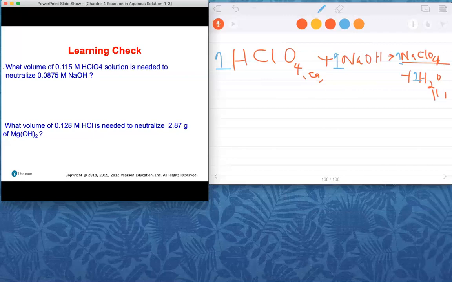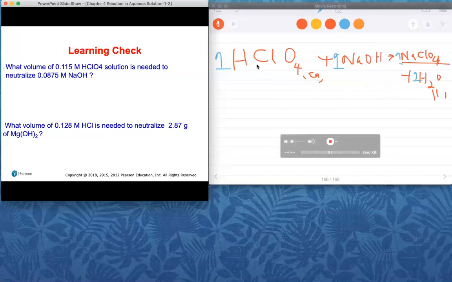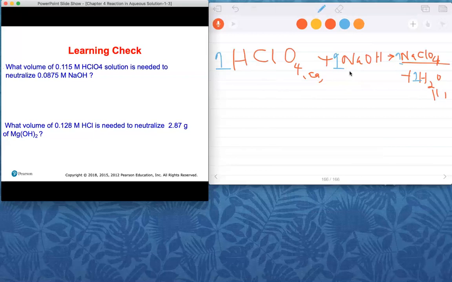Now, in neutralization, this means for every 1 mole of the acid, 1 mole of the base is consumed. This is just the mole ratio. We indicate this as 1 to 1 to 1 to 1. We call the coefficients in the balanced equation the mole ratio.